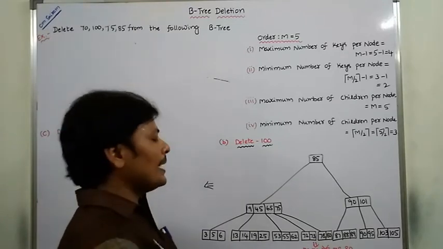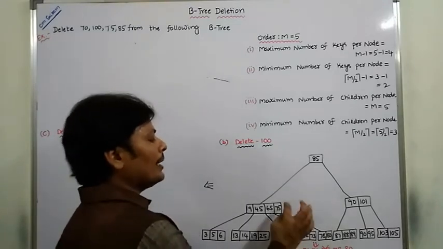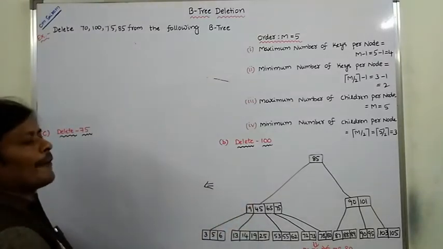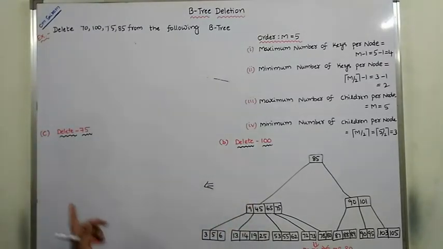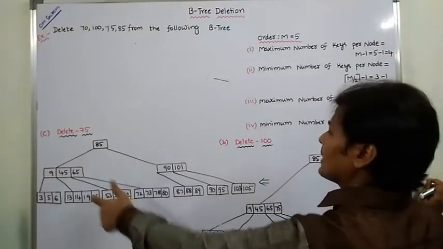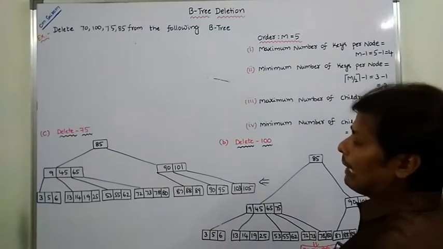These are the actions to delete 75. After deleting 75, this is the B tree we get.